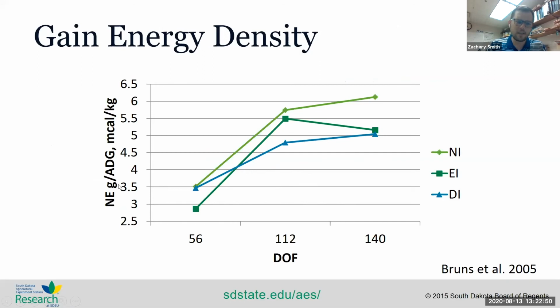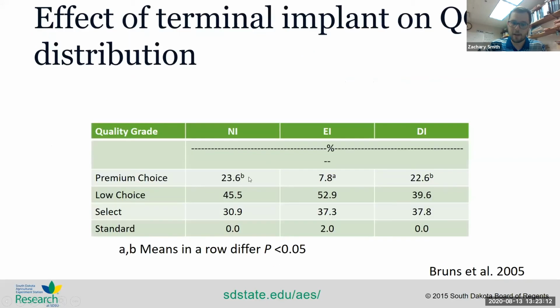This here is just retained energy divided by gain, which gets us a caloric content of live weight gain. So the cattle that were given the implant on day 1 had less fat content in their live weight gain. Cattle implanted on day 56 here had lesser fat content in their live weight gain for the ensuing 56-day period.